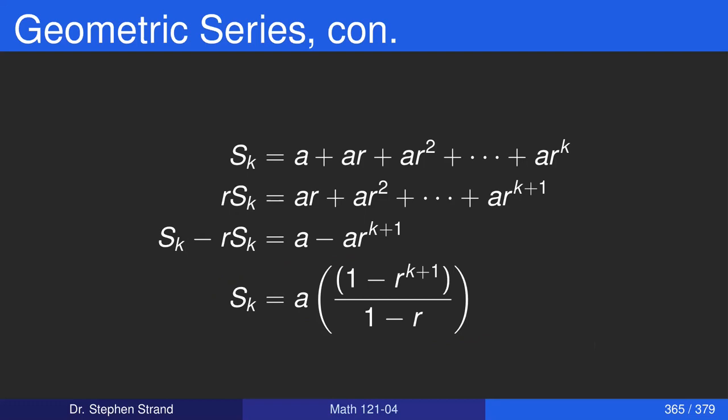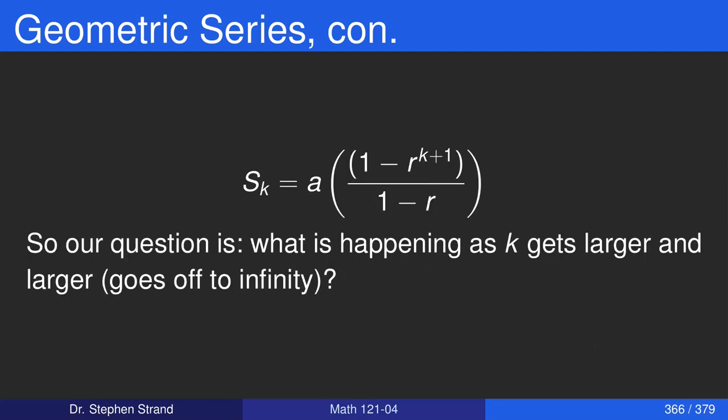Okay, so we have now a formula for the kth partial sum of any geometric series. So the next question is, what happens to this expression as k goes to infinity? Right? As it gets larger and larger and larger without bound. So the only thing that depends on k is this term here, right? And so what we want to think about is, well, what happens when I take some number r and I raise it to bigger and bigger and bigger powers?